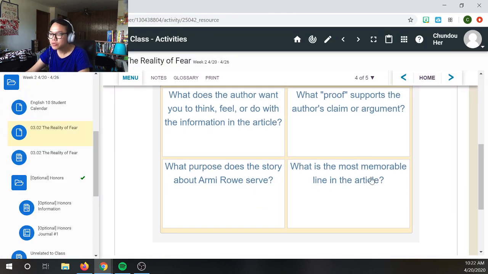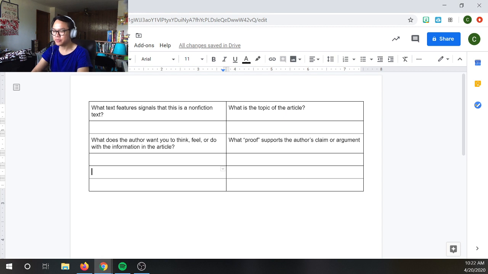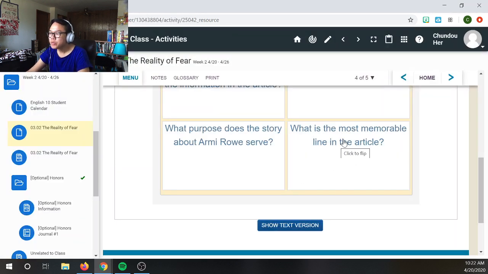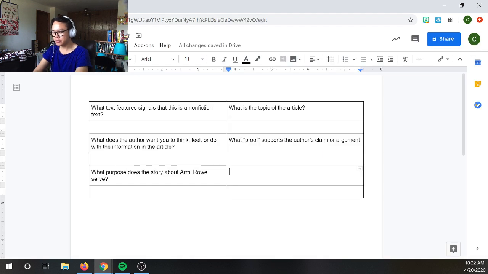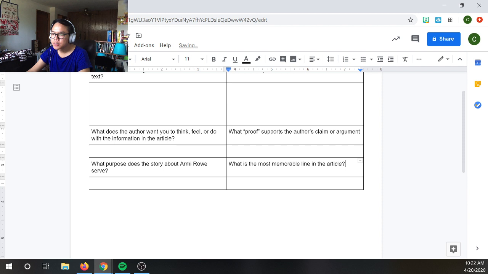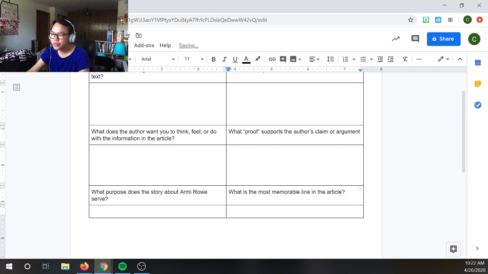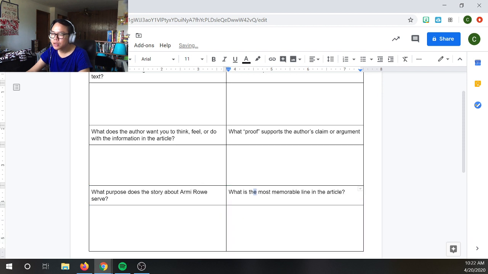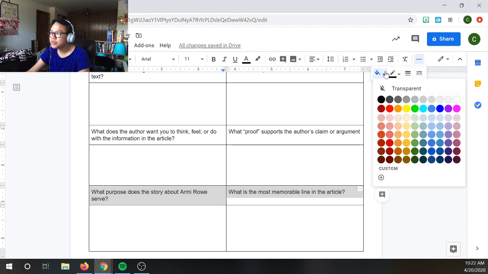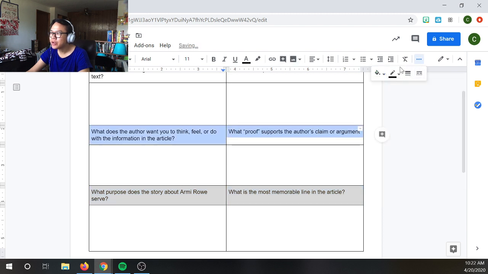What purpose does the story about Army Row serve? What is the most memorable line in the article? Cool. So I got all my questions down. I'm also just going to change the color of these boxes.